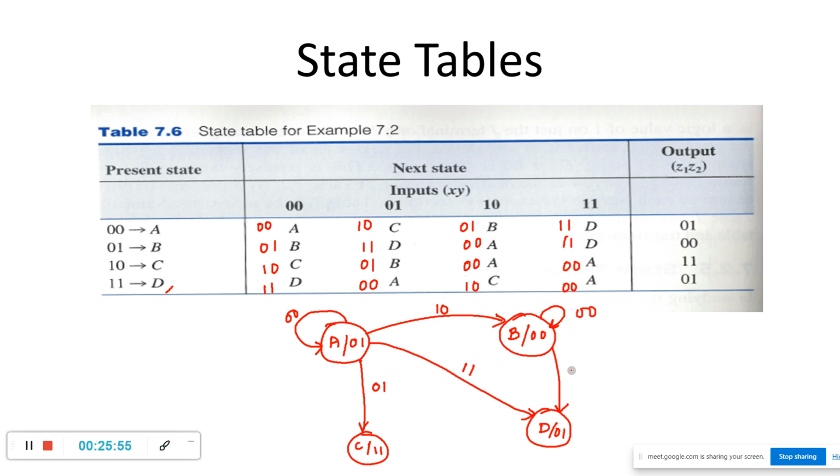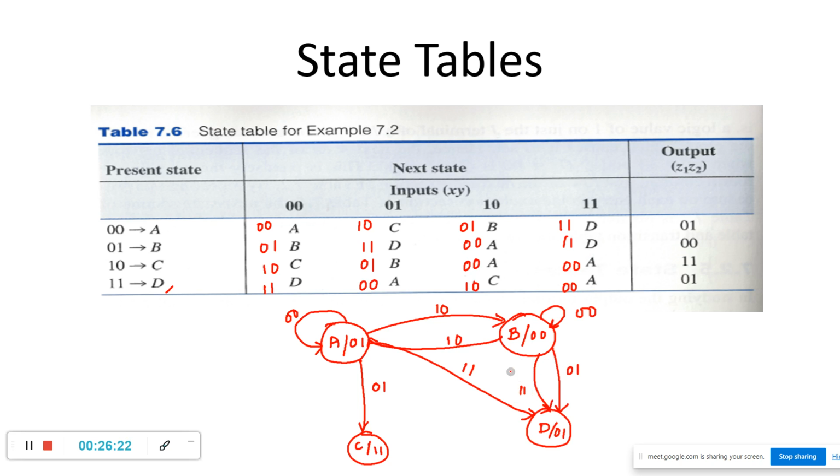B is going to A with the input 1 0. B is going to D with the input 1 1.